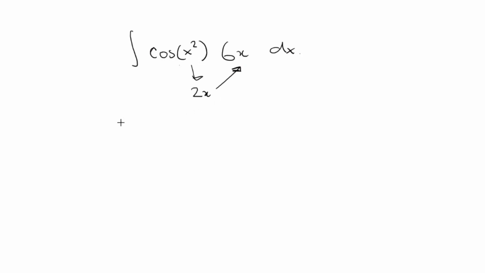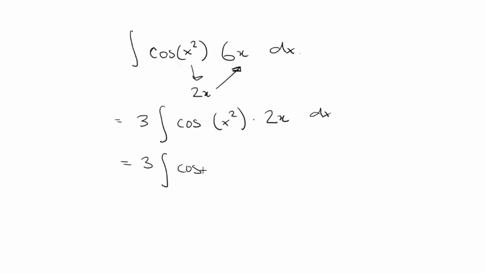So what we can do is write this as 3 times the integral of cosine of x squared times 2x, because 2x times 3 is 6x, and that's not too bad, because the 3 is now outside. So now we have something that we can work with.